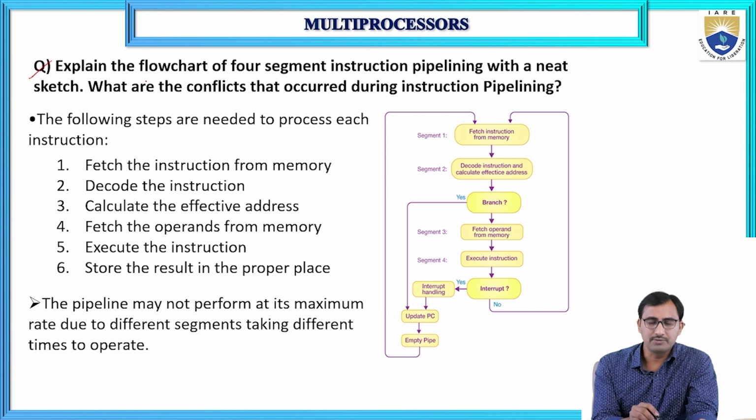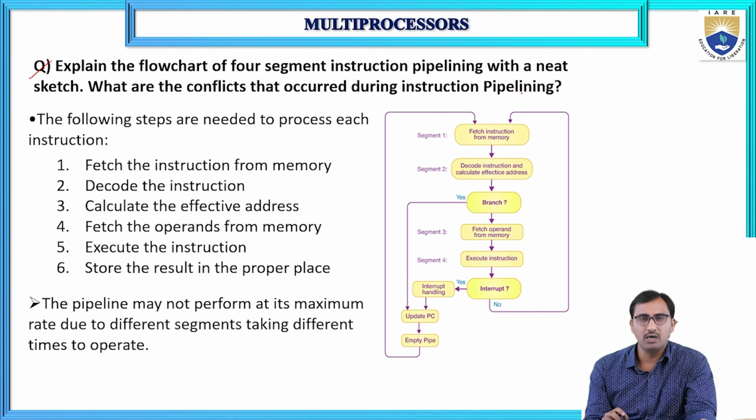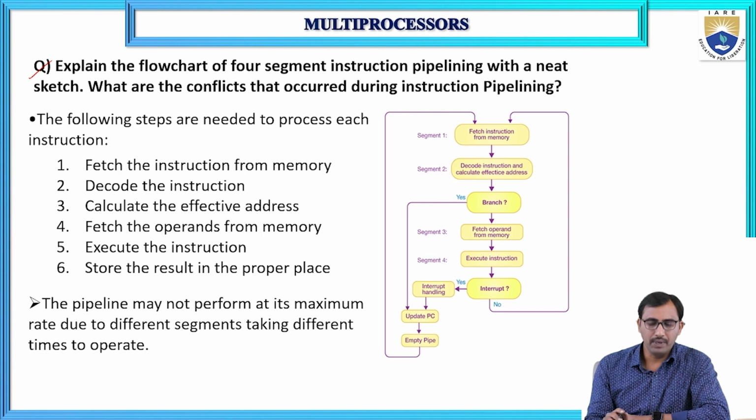Next one: explain the flowchart of a 4-segment instruction pipeline with a neat sketch. What are the conflicts that occur during instruction pipeline? So already we have seen what pipelining is. Pipelining means executing two or more instructions simultaneously. In pipelining, the instruction should follow some sequence of steps.